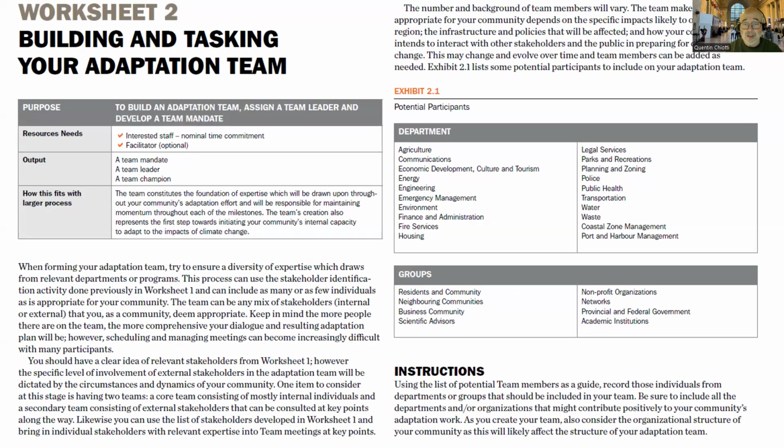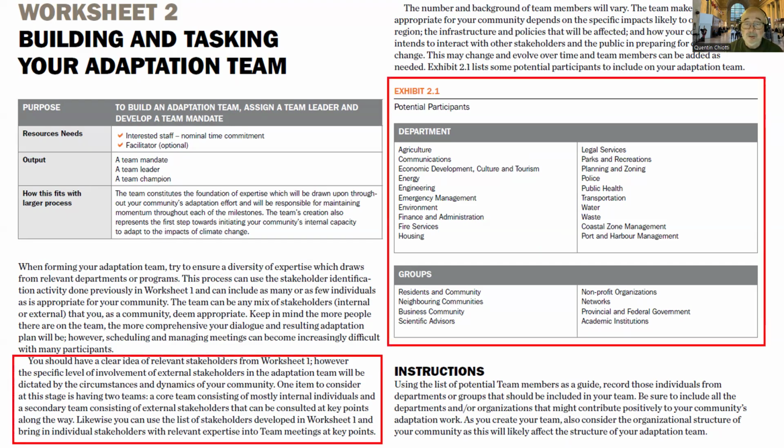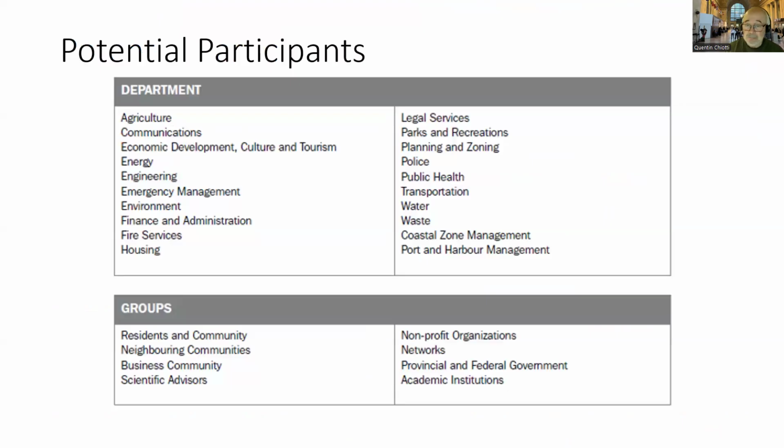And then in terms of building a team, this is another worksheet from ICLEI. There on the right is the department, agriculture, communications, and the like, and then the broader groups, again, looking more externally in terms of those that you may want to engage in this kind of exercise. And here they are.